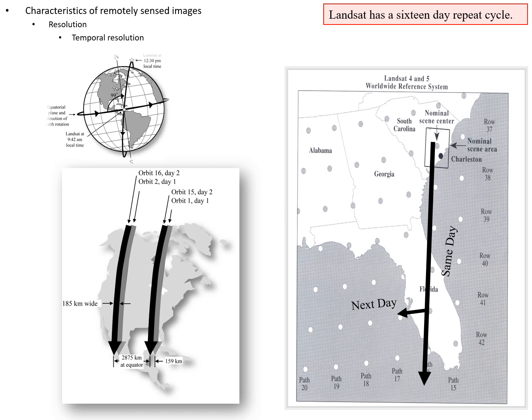So one thing to keep in mind when you're looking at Landsat data in particular is we identify images by their path and their row. The row is north-south, the path is east-west. As the satellite is descending, it's going through rows right after each other.